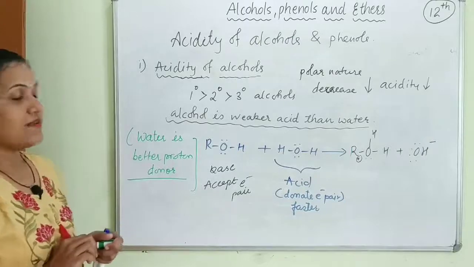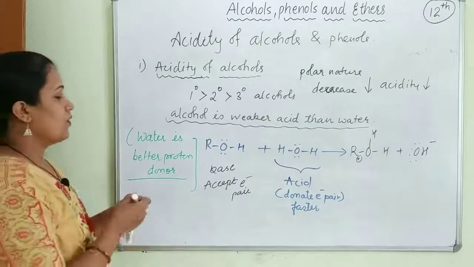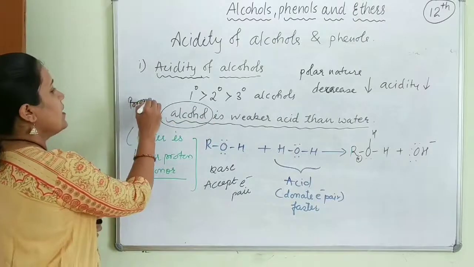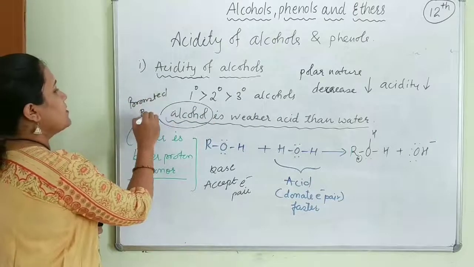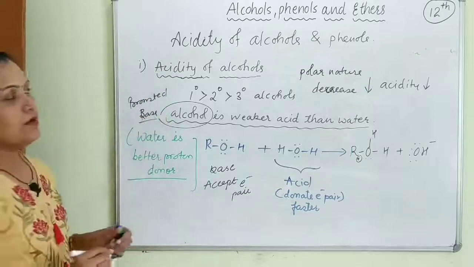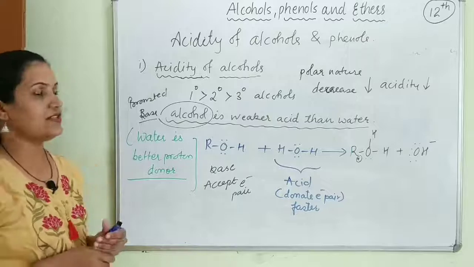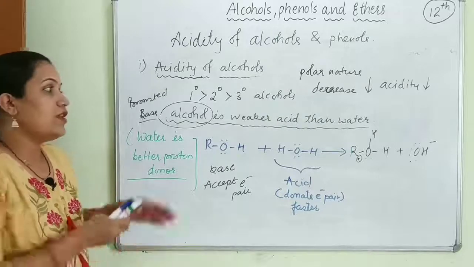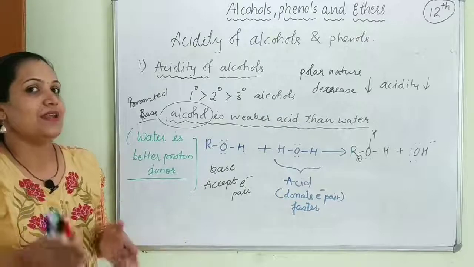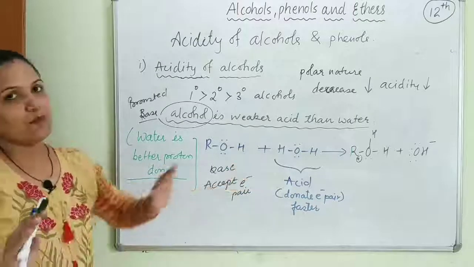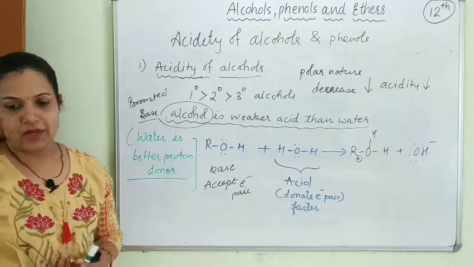And that's why we can say that alcohol can act as a Bronsted base. In the previous reaction we studied that alcohols can act as a Bronsted acid, and now with the help of this we can say that yes, alcohol can act as a Bronsted base also, with a proper example.